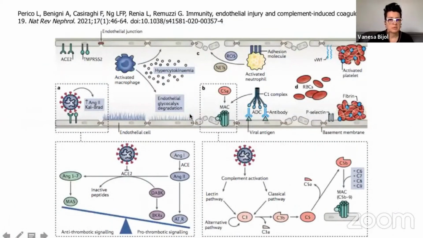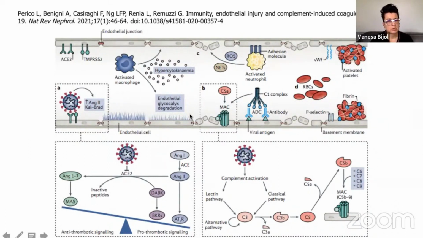So where is that coming from? Knowing that ACE2 is also present on endothelial cell surface, we postulated that maybe direct infection is responsible for endothelial cell injury. However, these patients are rarely found to be viremic.